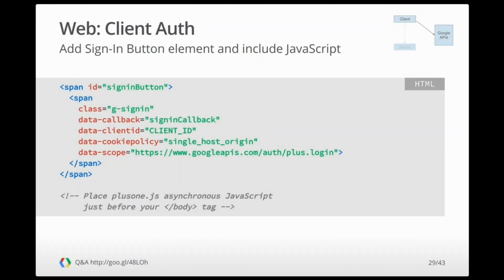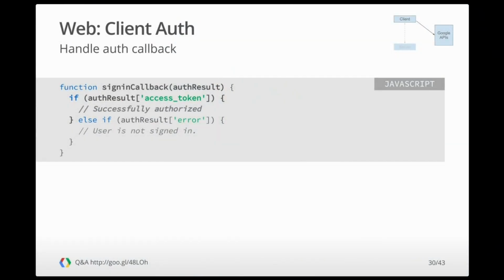So really easy. We provide a sign-in button for you. Again, you put your client ID in there so we know who you are. Then you just need to include plusone.js, which is the common JavaScript that you'll use for the +1 button or for other widgets. When the user has authenticated, you'll get a callback, and in that callback, you'll get an auth result.